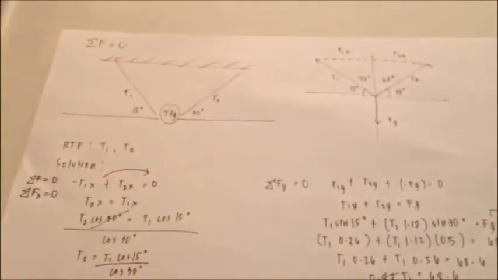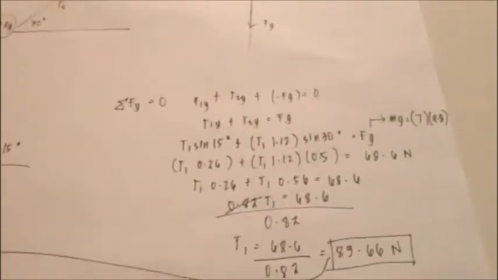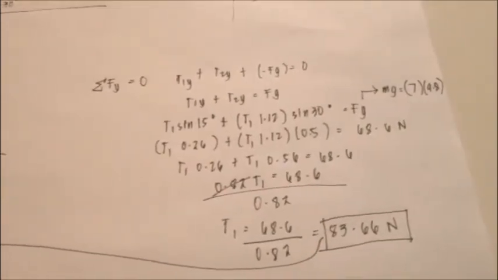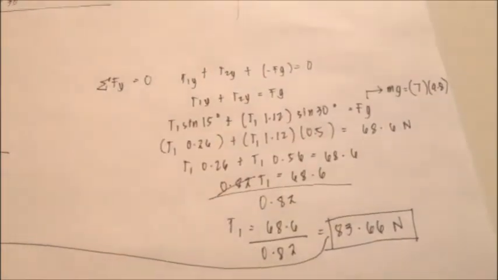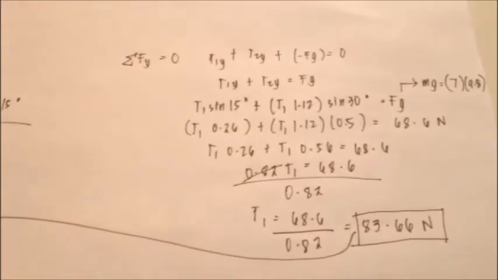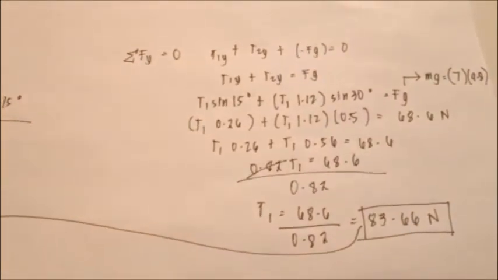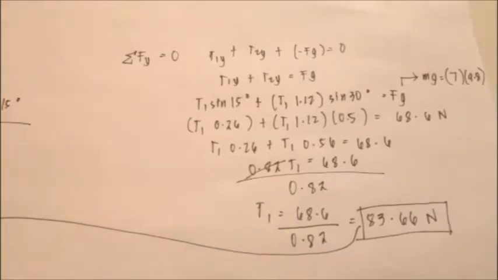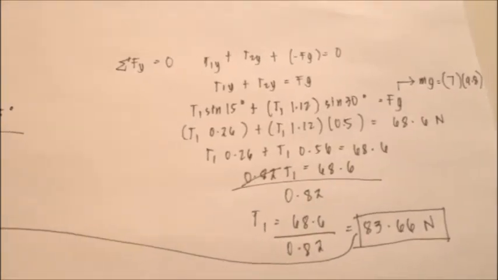And in this case, we are given 7 kilograms, and then I multiplied it by 9.8 meters per second squared.